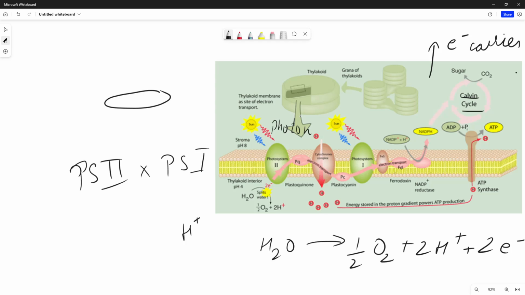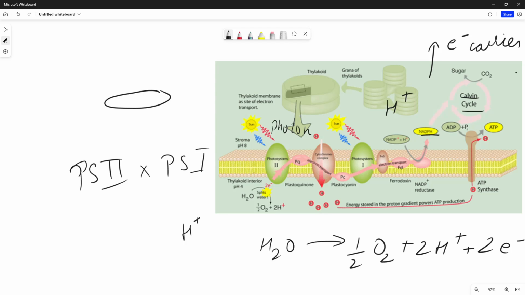So the electron is being excited, it goes through until it reaches NADP plus reductase, where it forms NADPH, and this basically accepts the electron plus a proton to form NADPH. And you may think, well, what was the need for pumping all the hydrogen protons to this side?